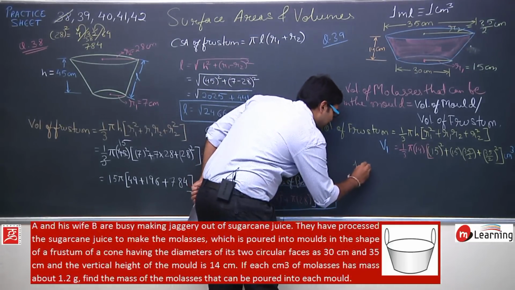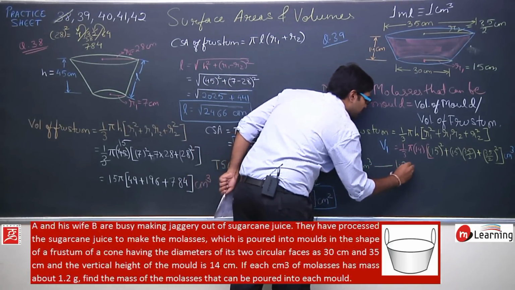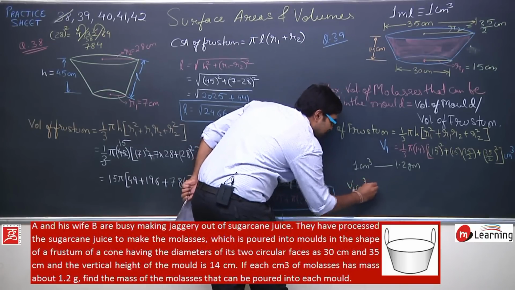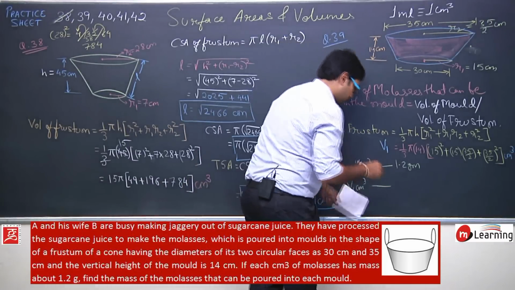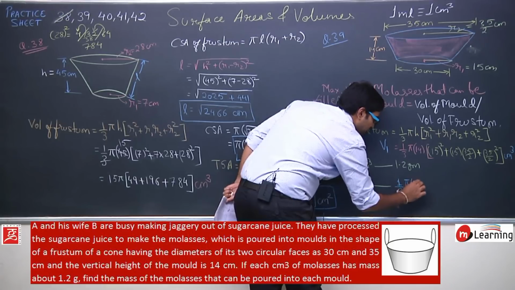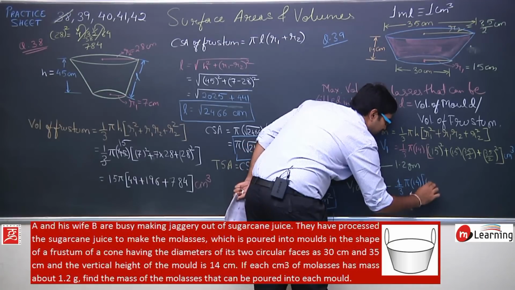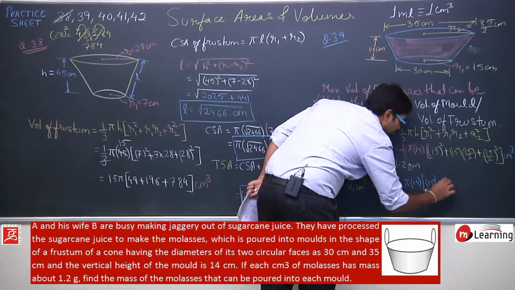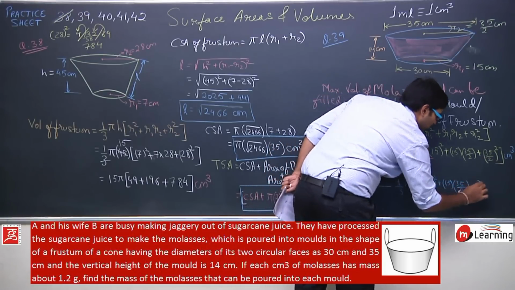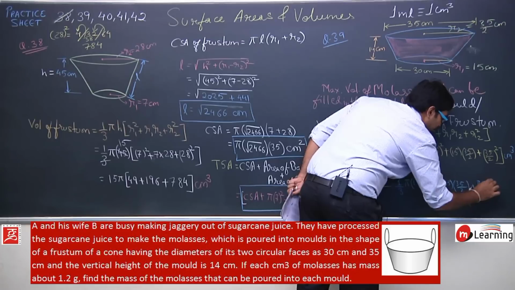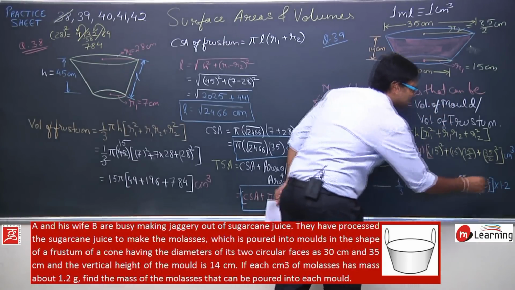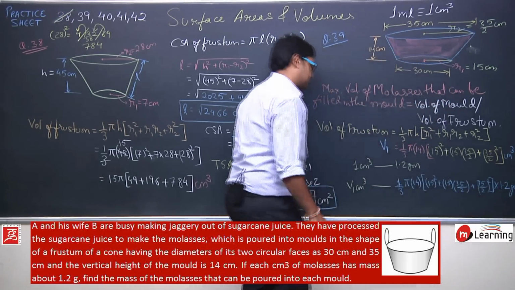So definitely V1 centimeter cube of molasses will have 1 upon 3 into pi into 14 (15 square plus 15 into 35 by 2 plus 35 by 2 whole square) into 1.2, and this much mass in grams.